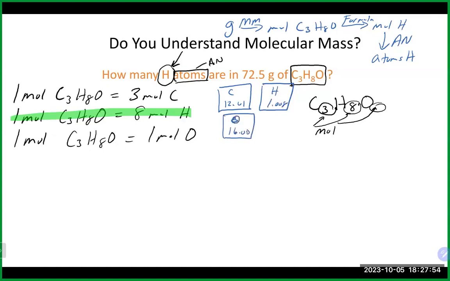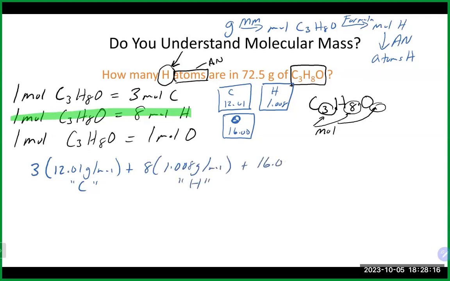All right, so to add up the molar mass, we have 3 times 12.01 grams per mole for our carbon, added to 8 times 1.008 grams per mole for our hydrogens, added to 16 grams per mole for our lonely oxygen.